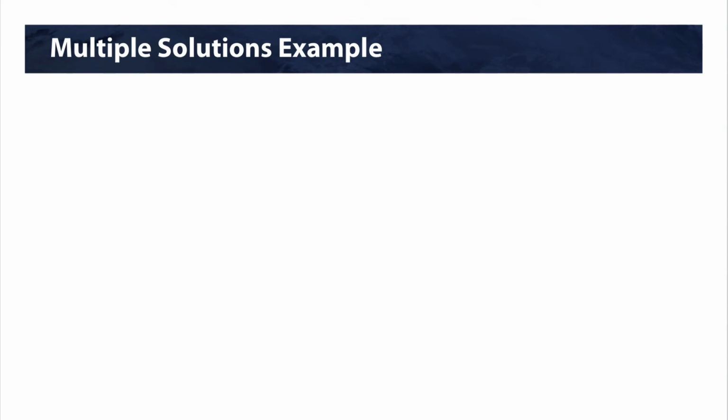Now, another issue that arises is that we could have multiple solutions. We saw that for the planar 3R robot, so let's do that as our example again and illustrate it here. We have the 3 degree of freedom RRR planar robot.